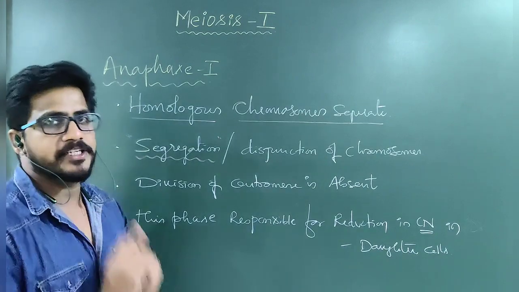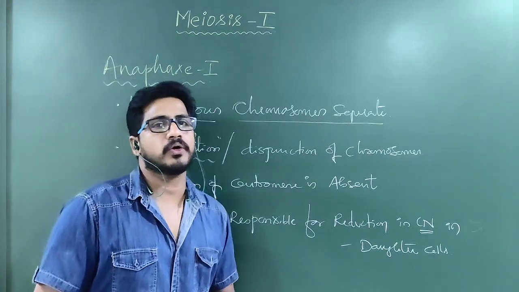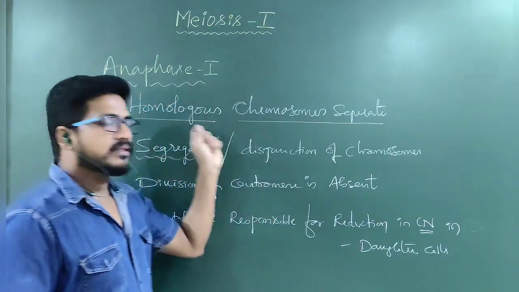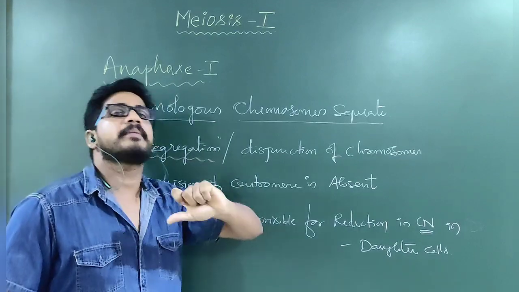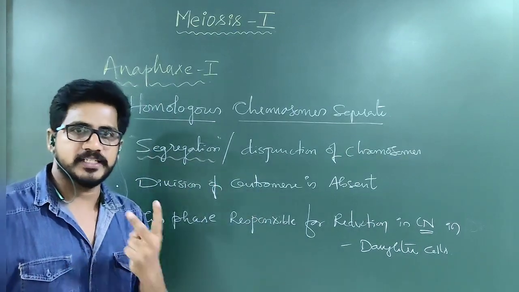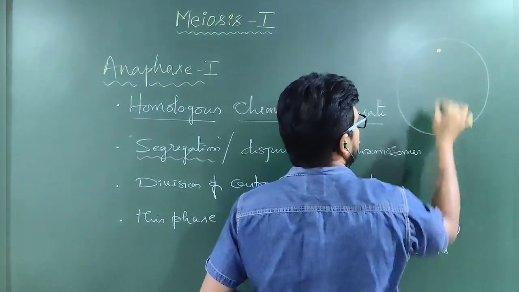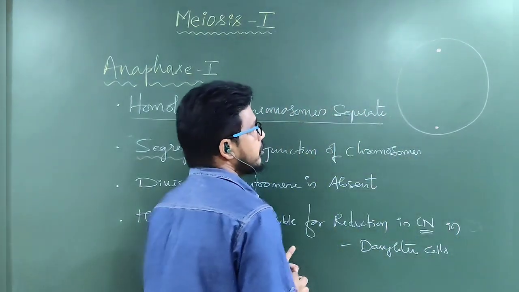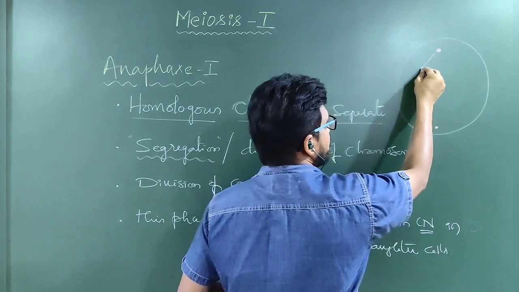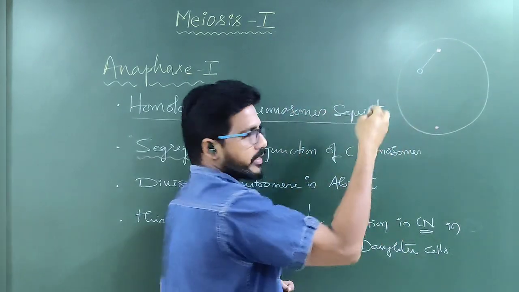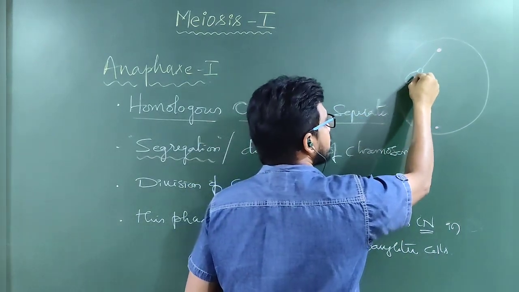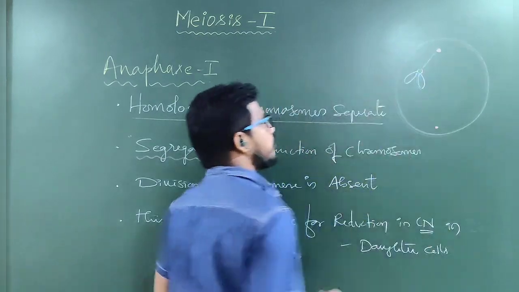Segregation means separation. What are going to separate? Chromosomes. But here the chromatids remain the same. The number of chromatids is 2. Suppose here is one pole and there is an opposite pole. From here the spindle fiber is there and this is the kinetochore. From here there were 2 chromatids.